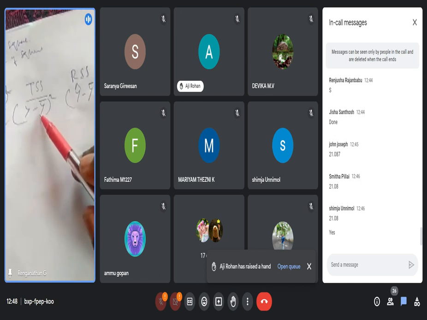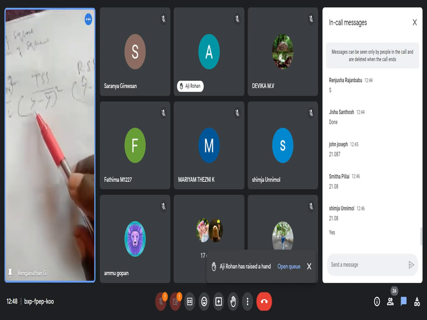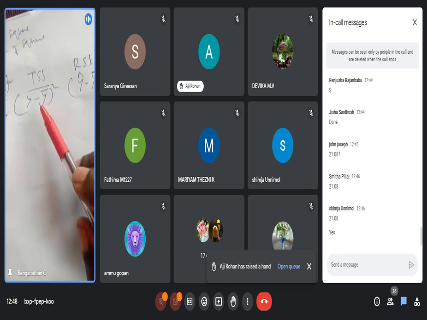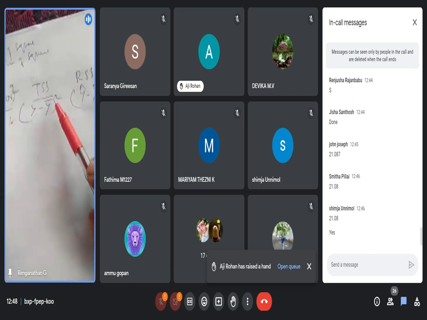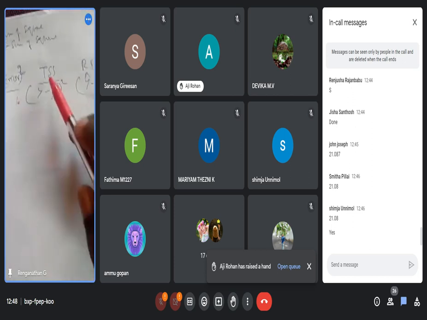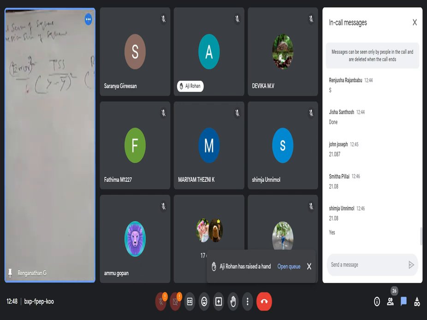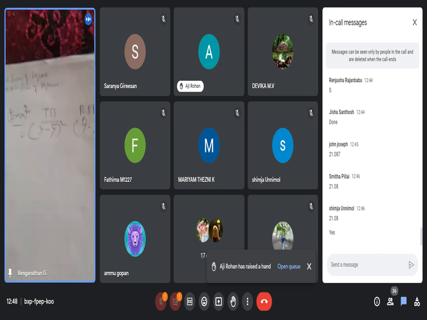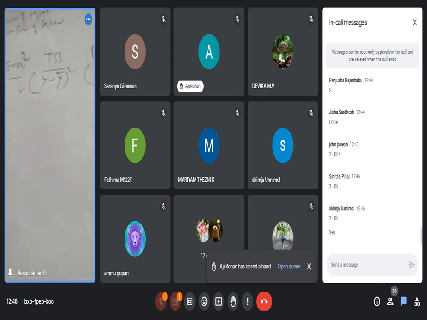That is y minus y mean, the whole square. So every y value should be deducted from its corresponding y mean, and that value should get squared, and complete the full TSS column. Everybody. If you didn't understand, just ask me. Otherwise, do this. And you take the total of this column also. Show me the total.